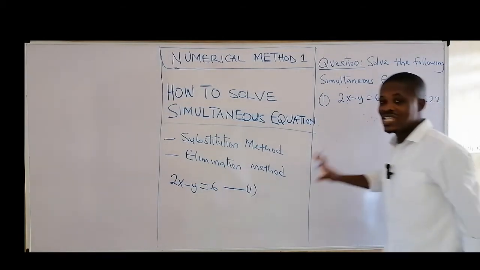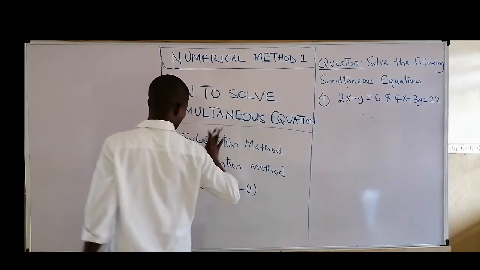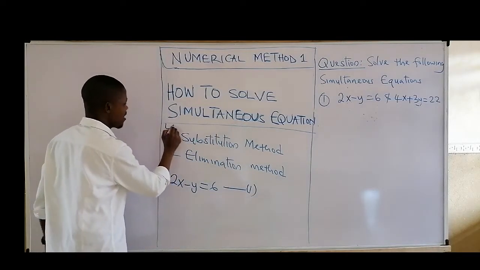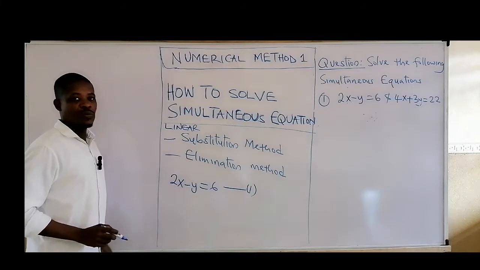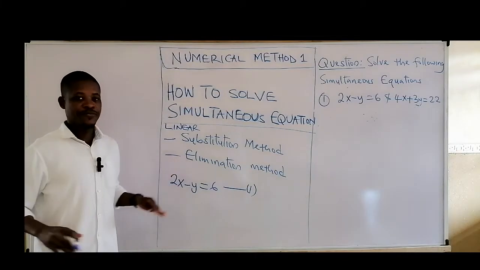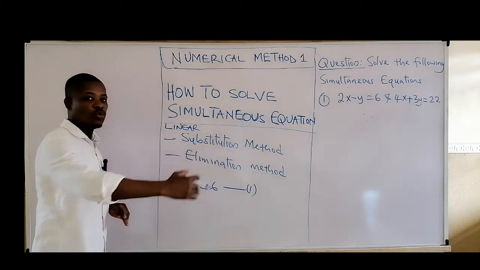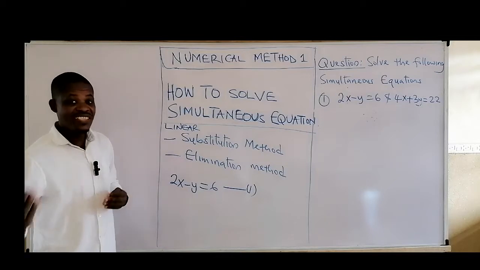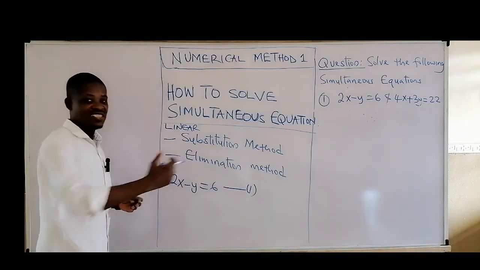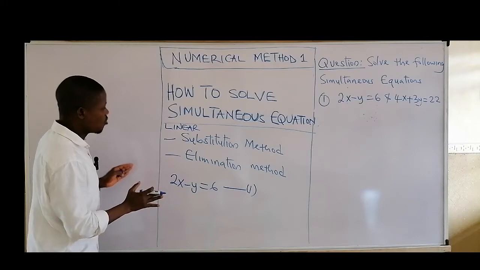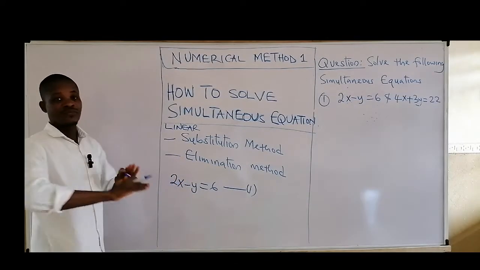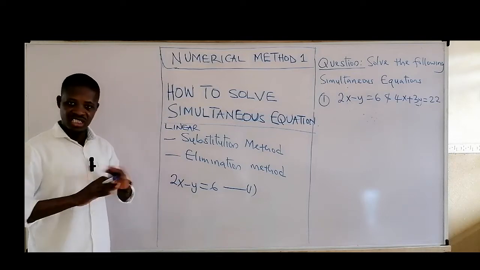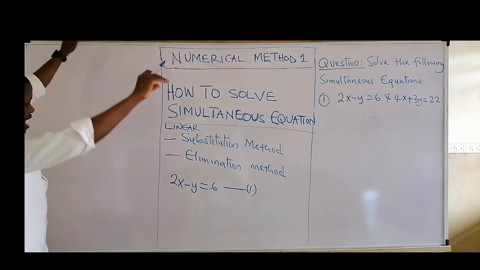The case we are looking at now is the linear form of the equation, whereby the two equations are linear. Then the next one we want to look into will be combinations of linear and quadratic in nature. But as of now, we want to focus all our energy on linear simultaneous equations.